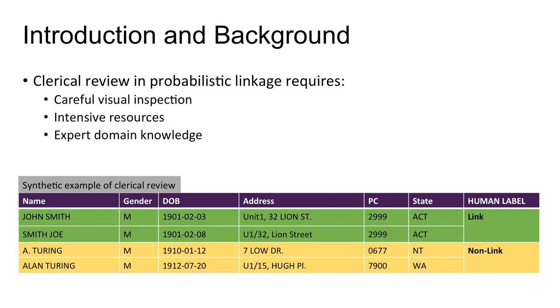Date of birth has possible typos, like 3 can be 8, and we can see an exact match of address. This is labeled by a human as link or match. However, in the second pair, although the name and gender are very similar, there is a difference between date of birth and address. So the human label is non-link or non-match.